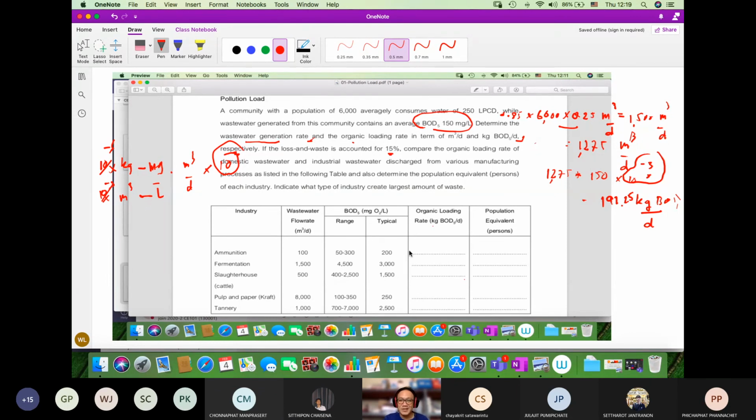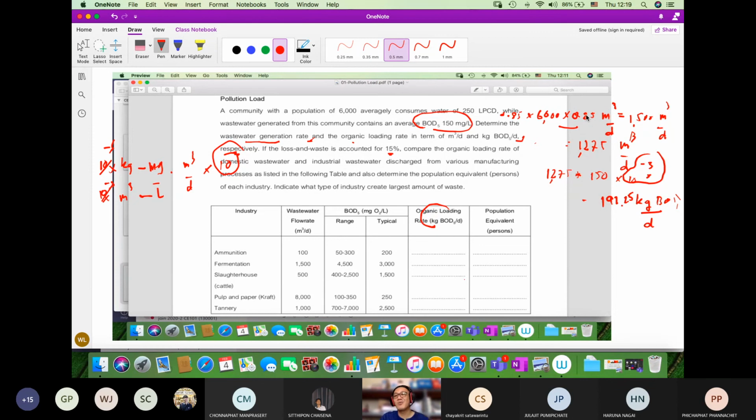This one is actually the wastewater generation rate. It essentially comes from water consumption, right? 250 liters per capita per day, or 0.25 cubic meters per day.